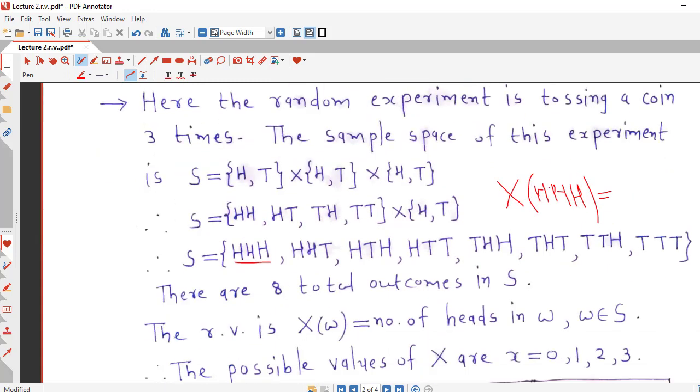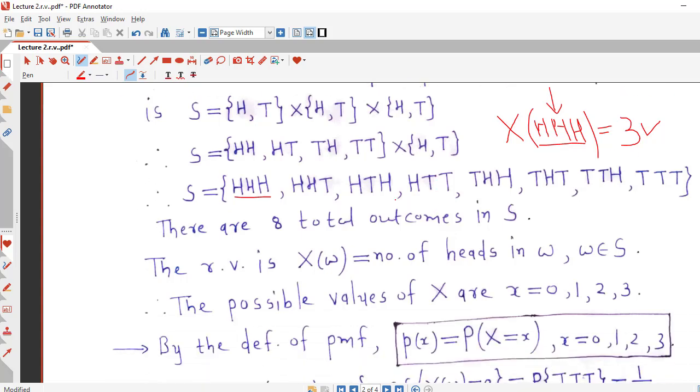Here the outcome is HHH, so the value of the random variable at this outcome is 3, or the image of this outcome under random variable X is 3. Similarly, we can define the value of the random variable for each outcome.